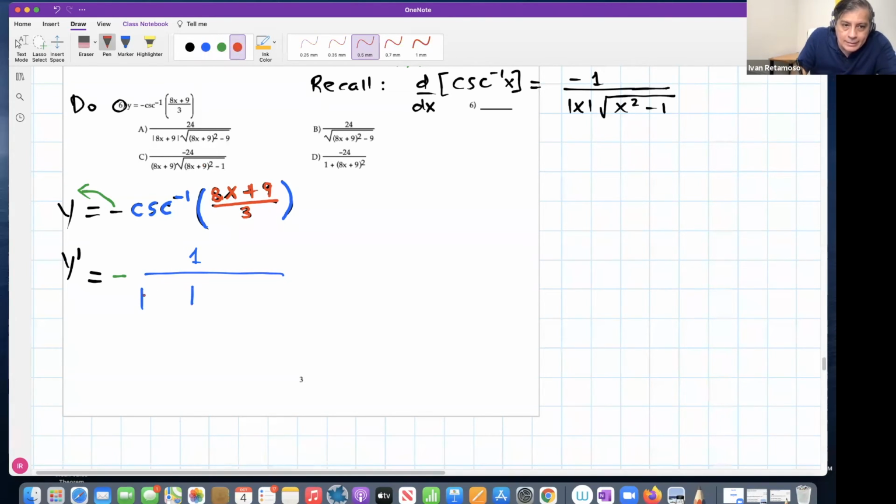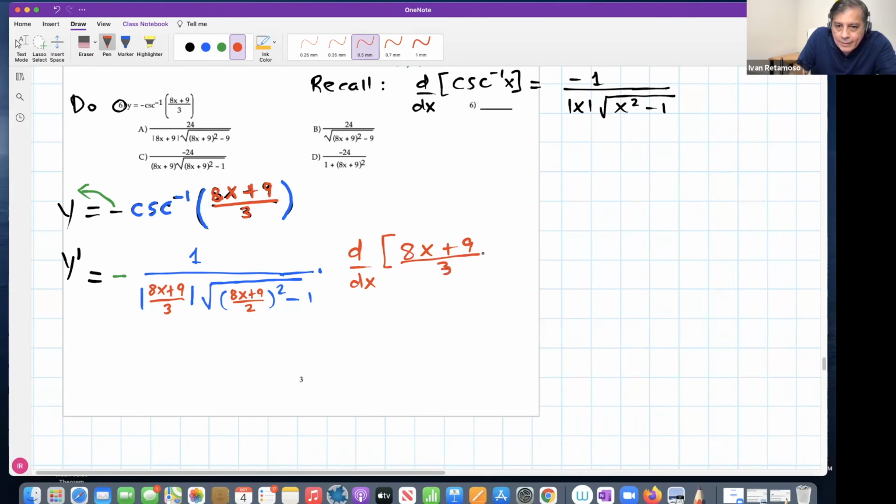So the chain rule says you have to keep the inside function here, times the square root of the inside function squared, (8x plus 9) over 3 squared minus 1. All these times the derivative with respect to x of the inside function, (8x plus 9) all over 3.